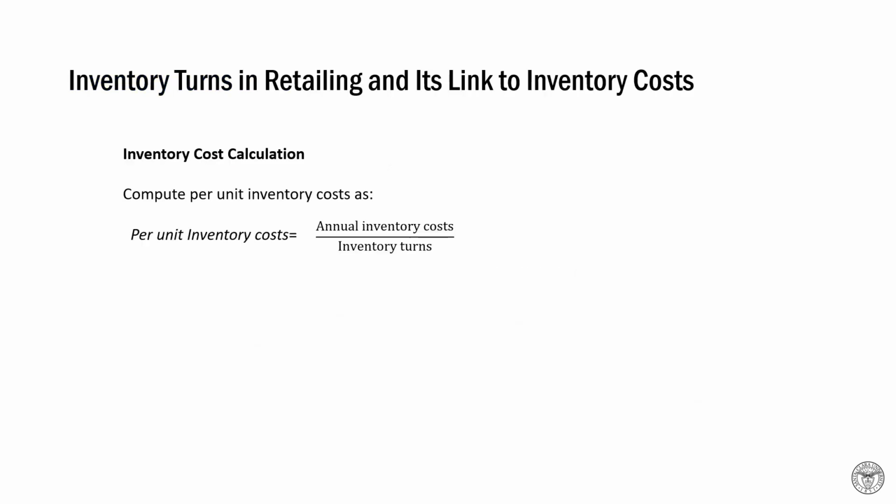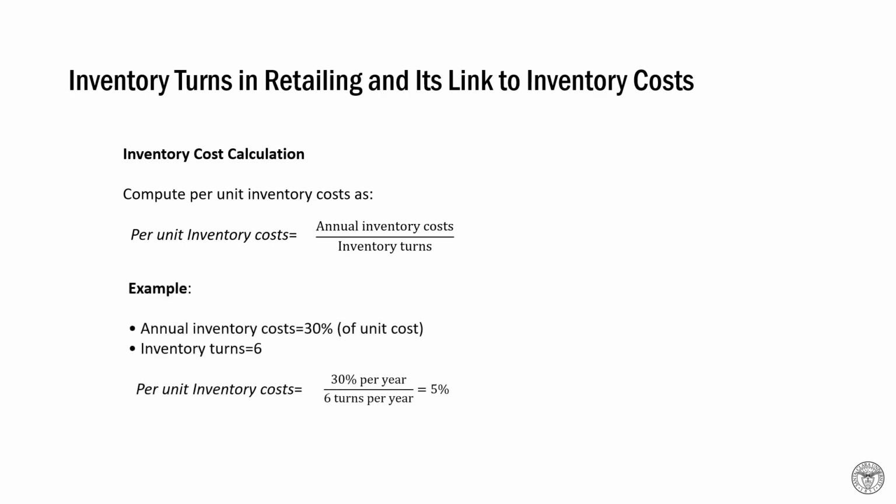Understanding inventory turns in retailing is essential as it directly links to inventory costs. Inventory costs can be calculated on a per unit basis using the formula: per unit inventory costs equals annual inventory costs divided by inventory turns.